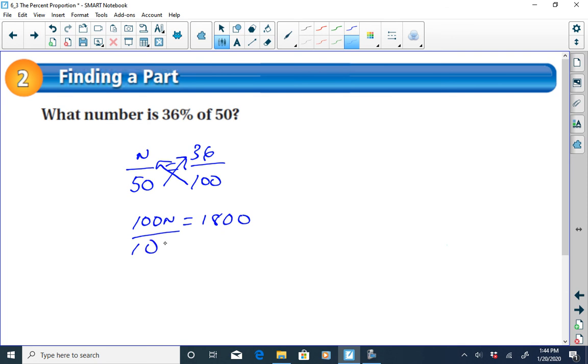We divide both sides by 100, they cancel, and n is going to be equal to 18. So we're saying 18 out of 50 is the same as 36 out of 100.